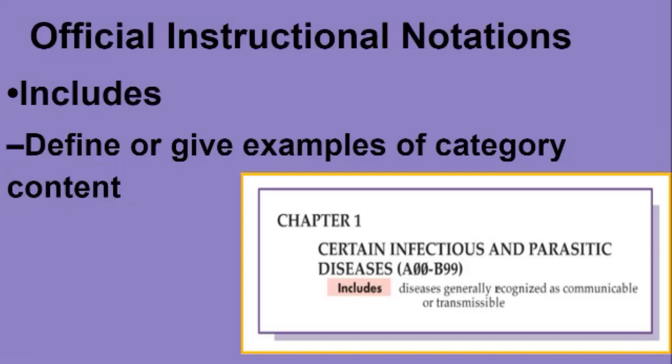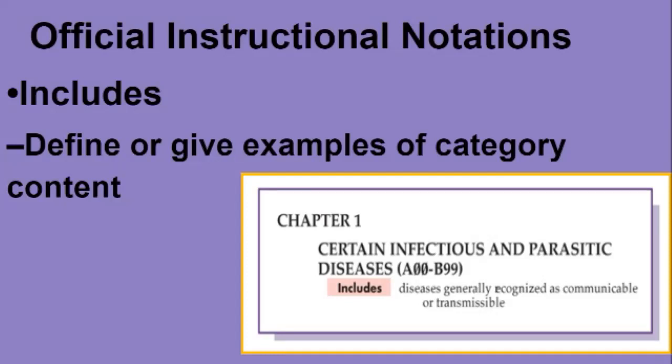Official instructional notations include notes that define or give examples of the category content. So ICD-10 has instructional notations providing guidance to the coder. Since the figures in this chapter are taken directly from Buck's ICD-10-CM for hospitals, you may notice extra symbols and notations meant to enhance the user experience in addition to the official notations that are part of the ICD-10-CM release.